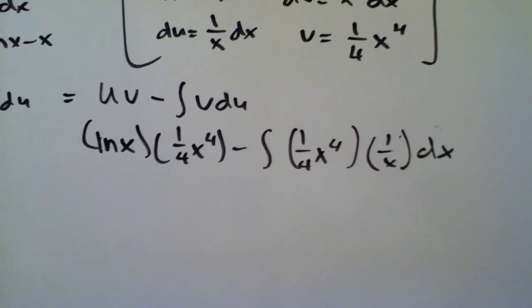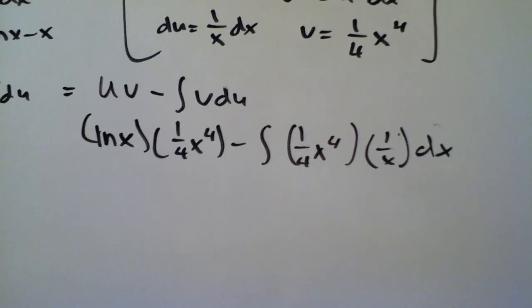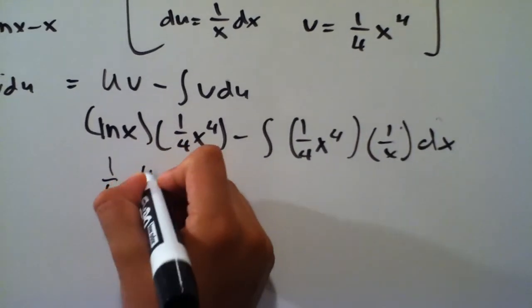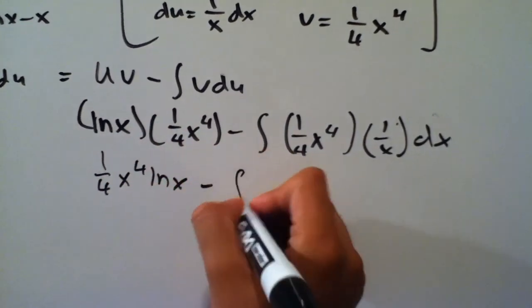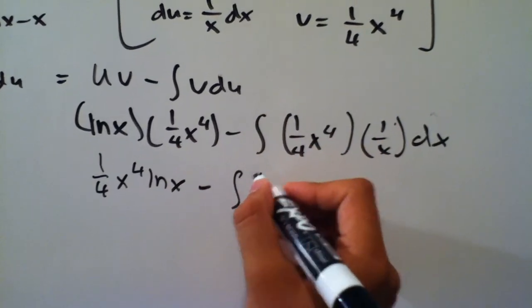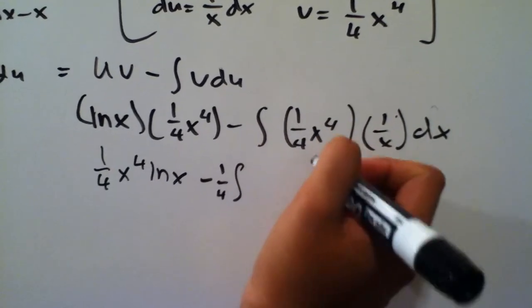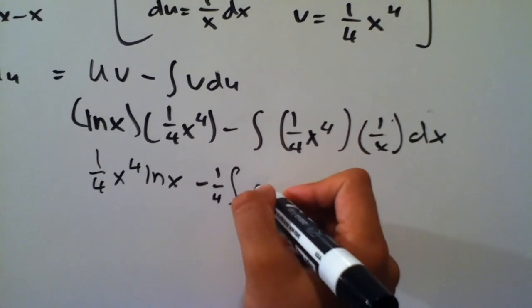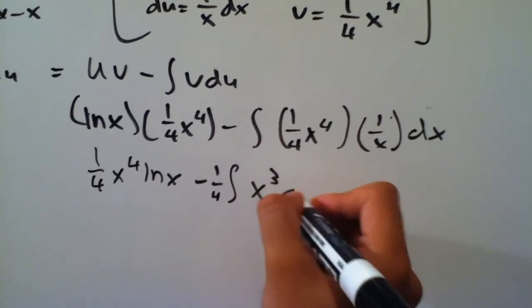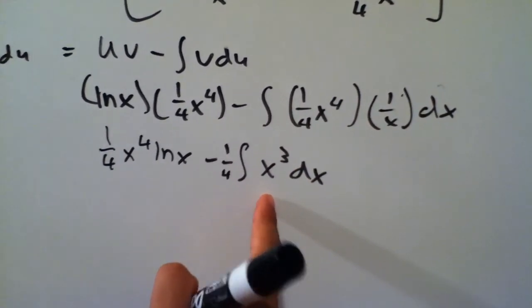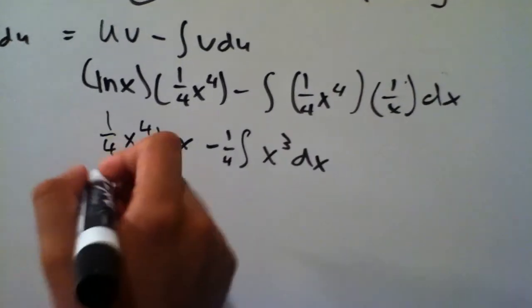Solving this out, we have to simplify this now and combine these things. So we have 1/4 x to the 4th ln x here, minus the integral of, and we can take the constant multiple out, as we know from our rules of integration, x cubed dx, and we know very simply that the integral of x cubed is just 1/4 x to the 4th.